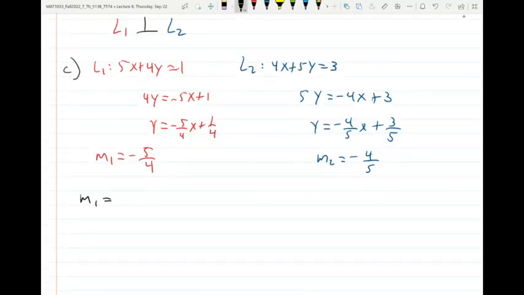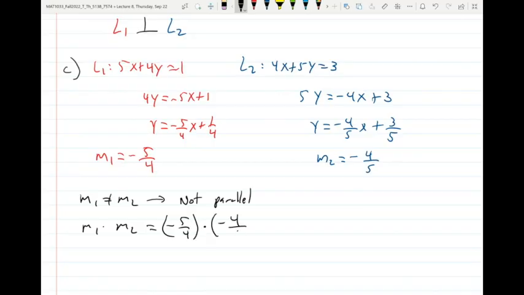So we say, okay, M1 is different than M2, so not parallel. This is the thought process. Then M1 times M2 is actually positive. You can just say positive, but if you want, it's equal to +1. Okay? Let me write it down. That's -5/4 times -4/5. Negative and negative cancel, and then actually everything cancels, right?